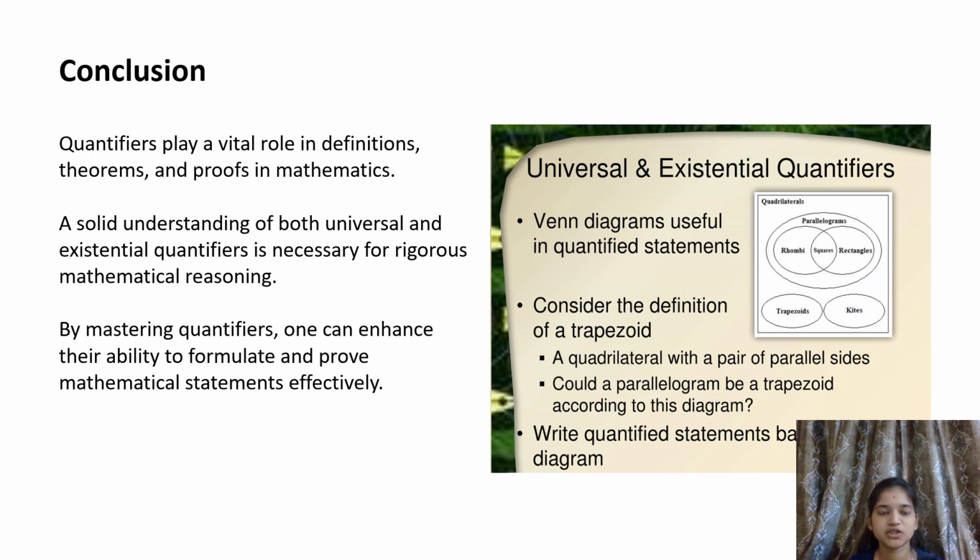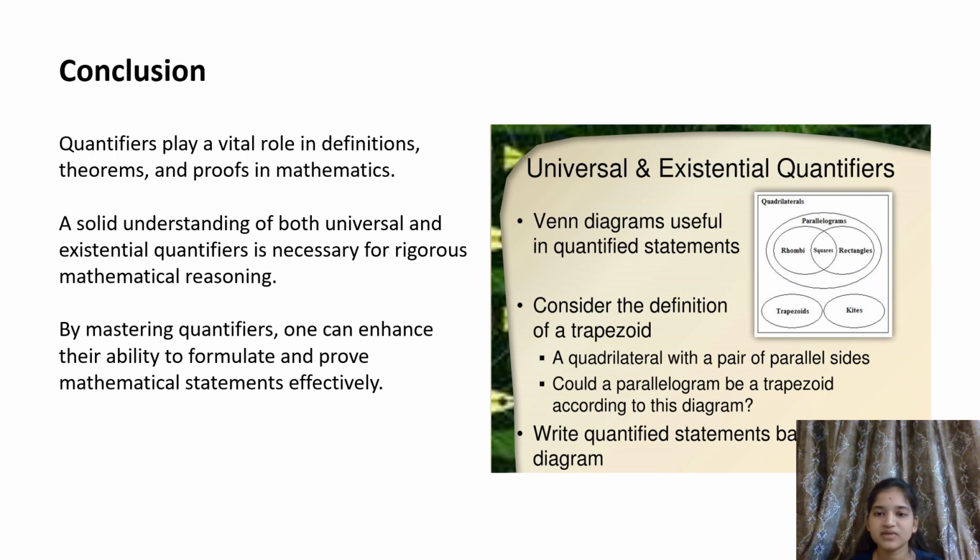So here is a conclusion where quantifiers play a vital role in the definitions, theorems, and proofs in mathematics. A solid understanding of both universal and existential quantifiers is necessary for rigorous mathematical reasoning. By mastering quantifiers, one can enhance their ability to formulate and prove mathematical statements.